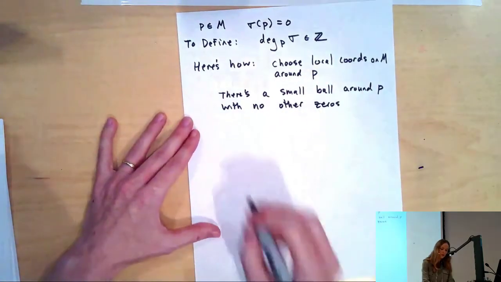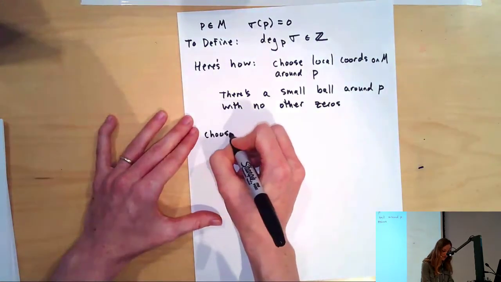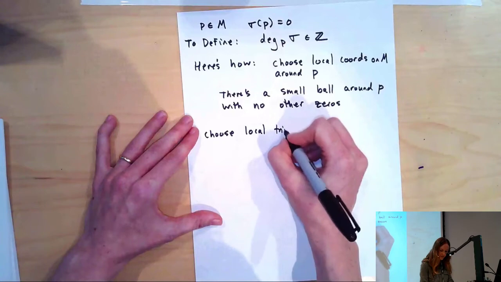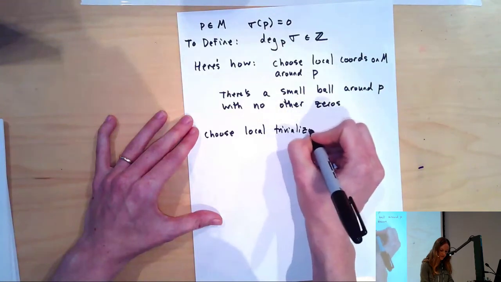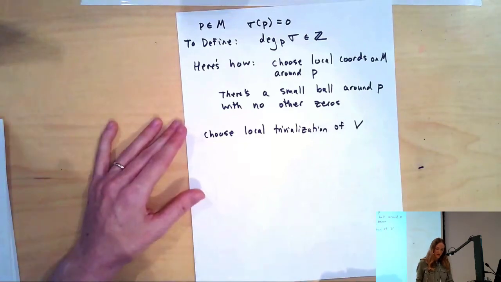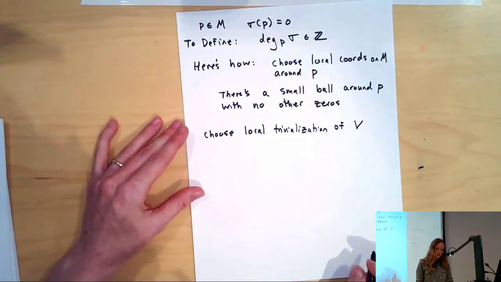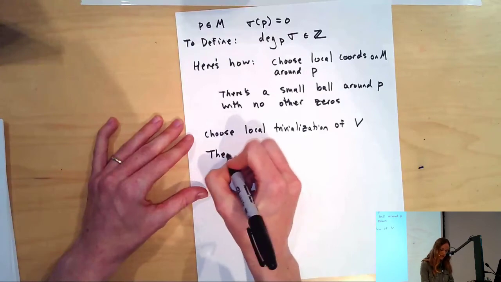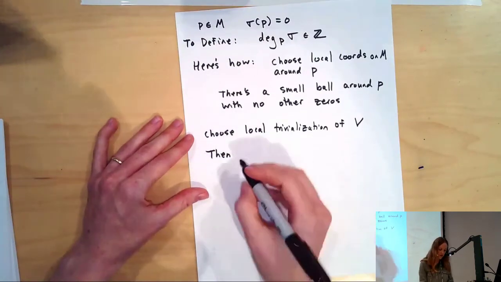And we want to choose a local trivialization of V. And the coordinates and the trivialization allow us to view sigma as a function from R^r to R^r.